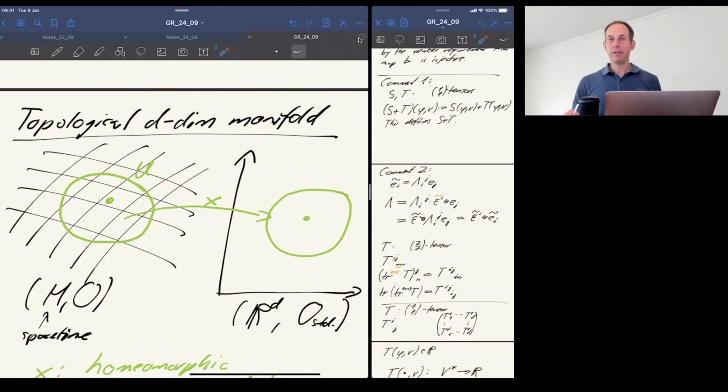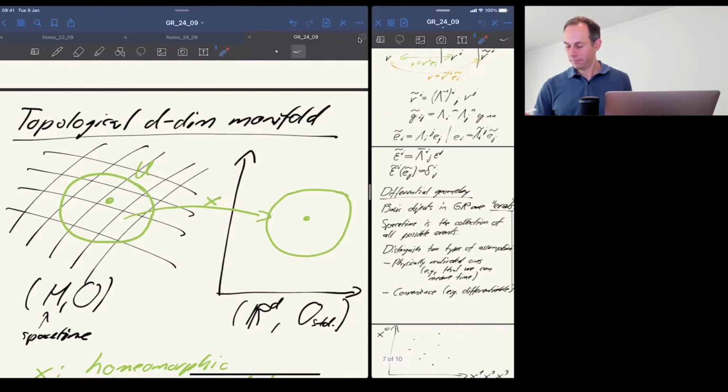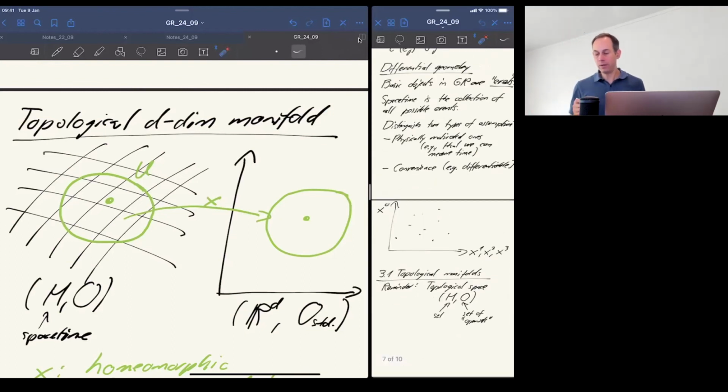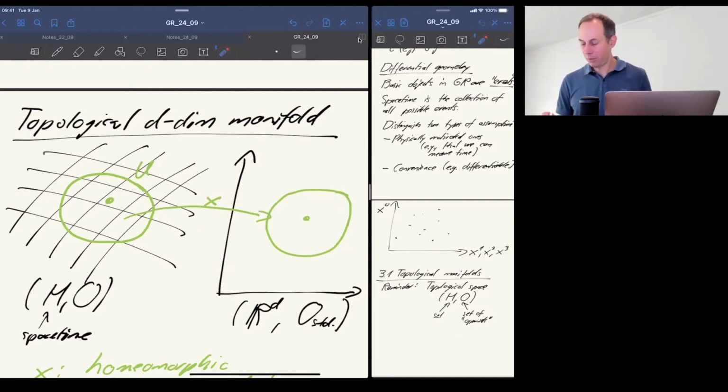There is a question in the chat. They're asking whether it's needed to have a Hausdorff space-time. So they ask if it needs to be Hausdorff as well. Yes, so you essentially have all the properties induced. The requirement that it's homeomorphic to R^D will induce essentially the same topological properties of the standard topology.